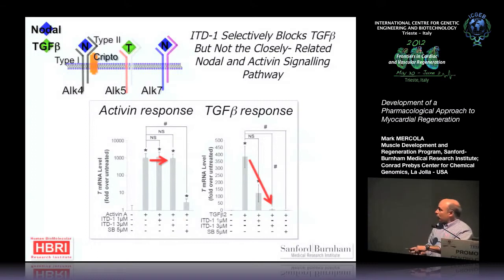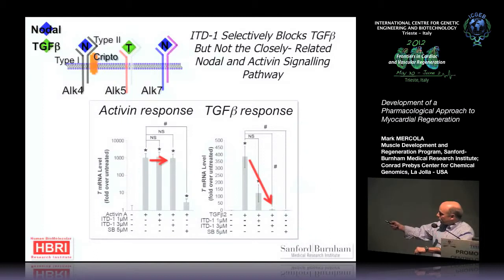I'll only show you a couple of slides on the selectivity of this compound, but there are a number of TGF-beta-like molecules: TGF-beta, activin, myostatin, and more divergent ones like BMPs and so on. These molecules all work through a similar set of receptors, a type 1 receptor, ALK4, ALK5, ALK7, in the case of TGF-beta and activin, and type 2 receptors, the TGF-beta receptor 2, activin receptor 2, and so on.